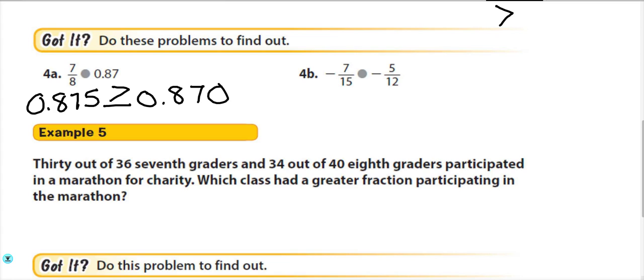And then over here we have -7/15, so that would be 7 on the inside, 15 on the outside. Oops, let's try that again. 15, there we go.